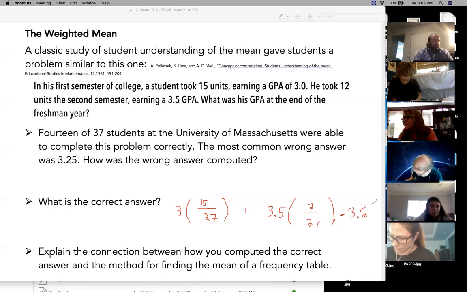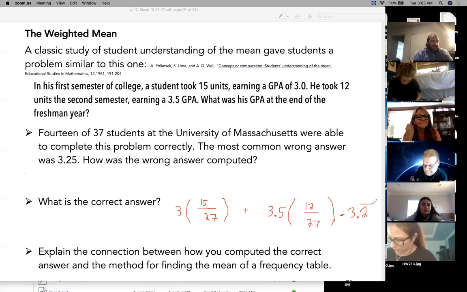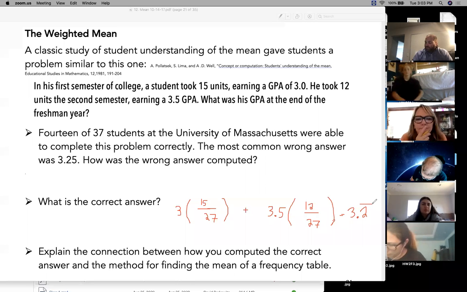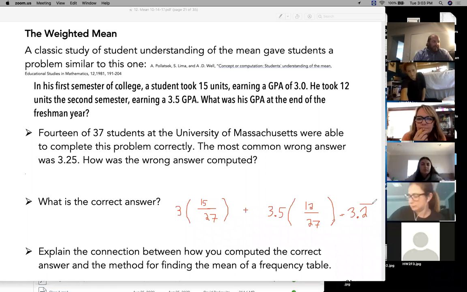Does it make sense that it's a little less than 3.25? Yes, because remember, it's weighted more to the 3.0, right?